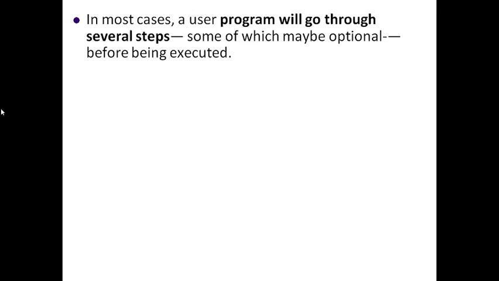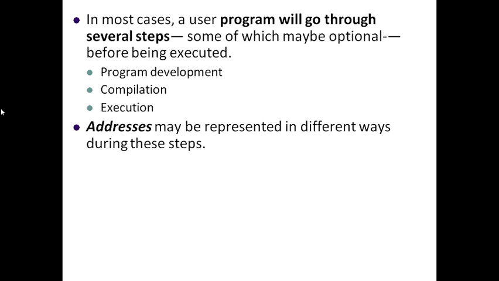So in most cases, a user program will go through several steps, like program development, where you are typing the code, then you compile the program, then you execute the program, and addresses may be represented in different ways during these steps. We will know the actual addresses only at the third stage, when the program is under execution.